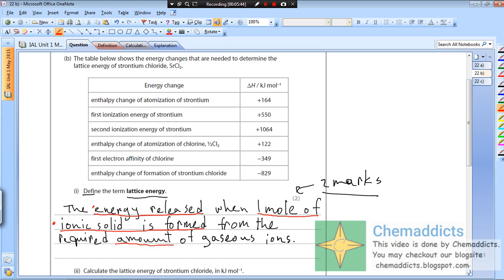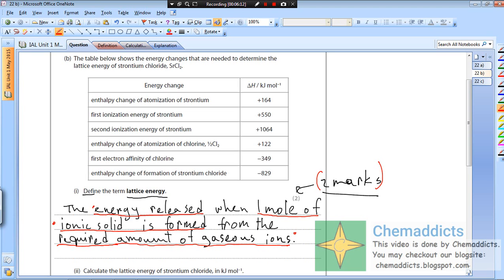The required amount of gaseous ions is another point. So we have 3 points over here. If we mention 3 points, then we are going to secure 2 marks.